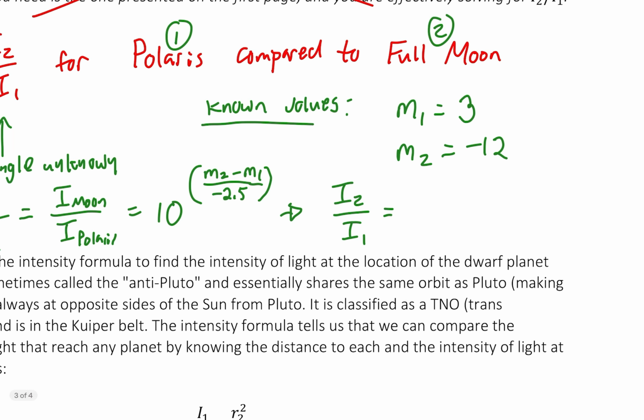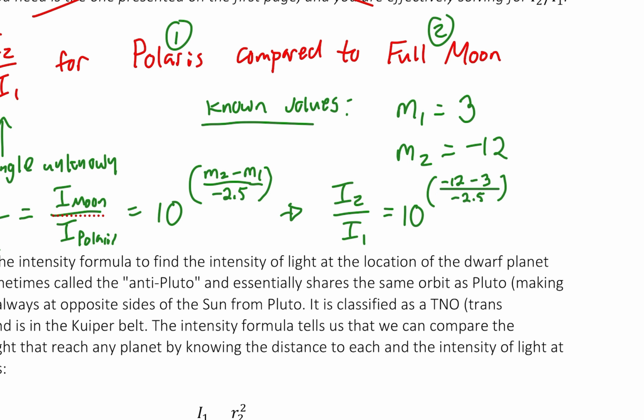So then plugging in the actual values, as I said up top, we would have negative 12 minus positive 3, so that would just become negative 15, divided by negative 2.5. So that means that the actual exponent will be positive, because negative 15 divided by negative 2.5.